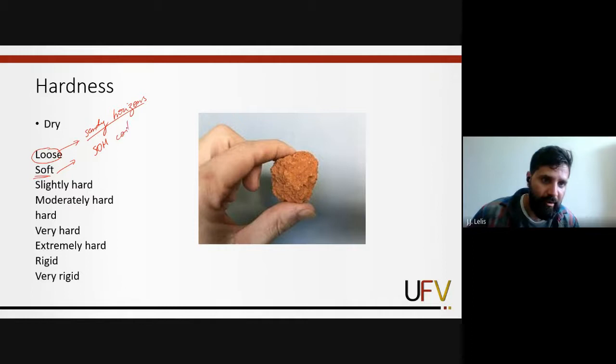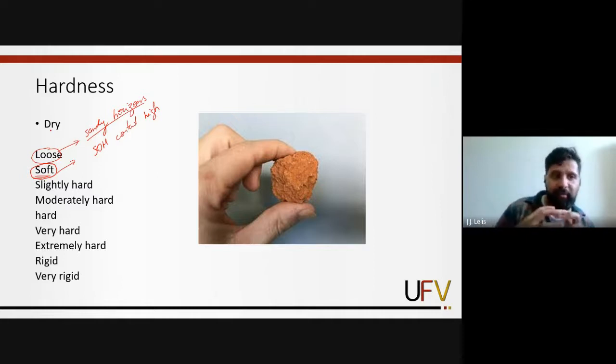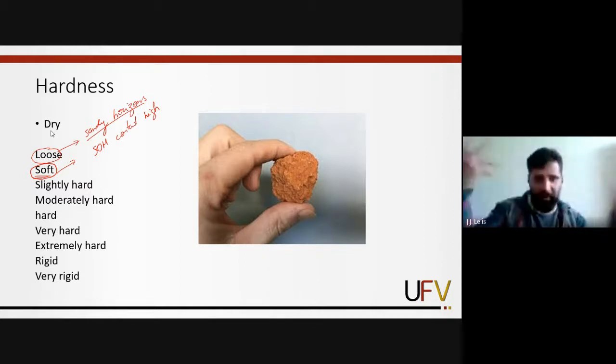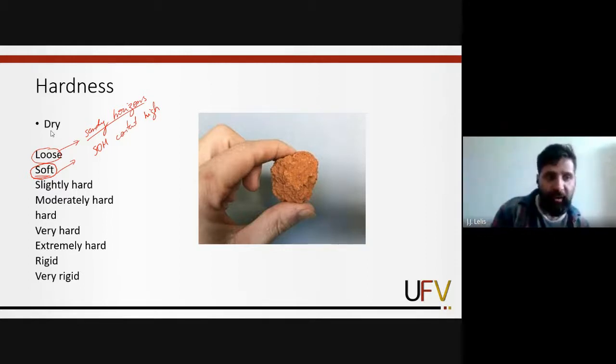So the soil organic matter content is high because soil organic matter favors a soft consistency, because it creates a kind of cementation that is not so hard but soft. If you press some material that has a lot of organic matter, like my finger, my face, there's a lot of organic matter here, they are quite soft. So you can think that a soil or a horizon that has a lot of organic matter could be soft. Okay.